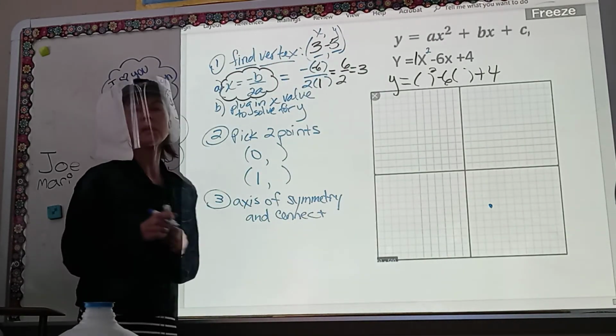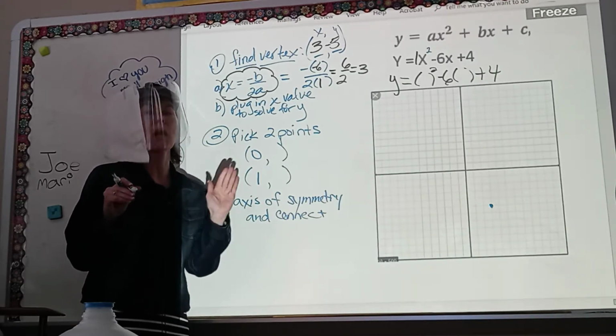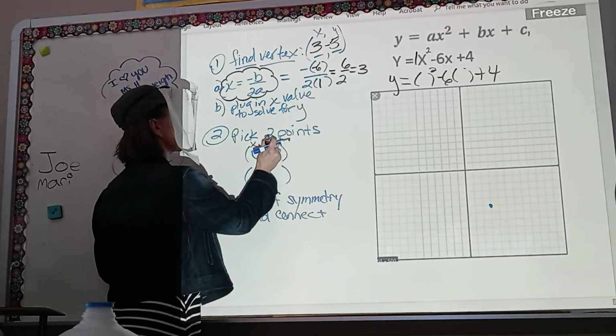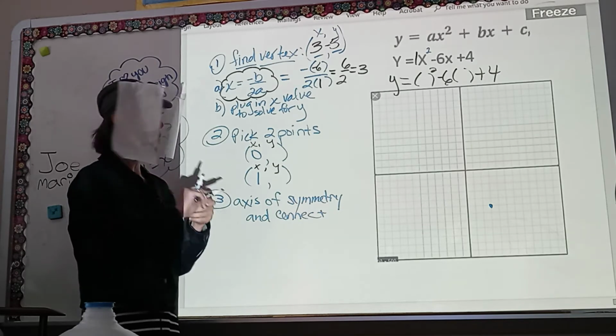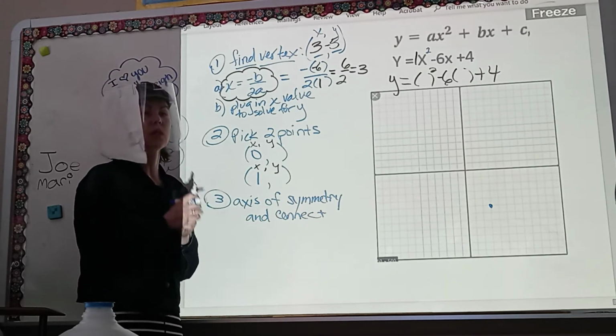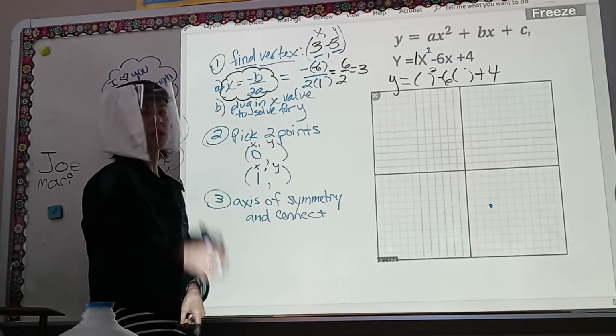Well, guys, I'm going to tell you every single time to pick the easiest 2 points possible, okay? And since we know we have to plug in these x values into our quadratic to figure out what y is equal to, always choose the easiest x values you can think of, which is 0 and a positive 1. So watch this, you guys.